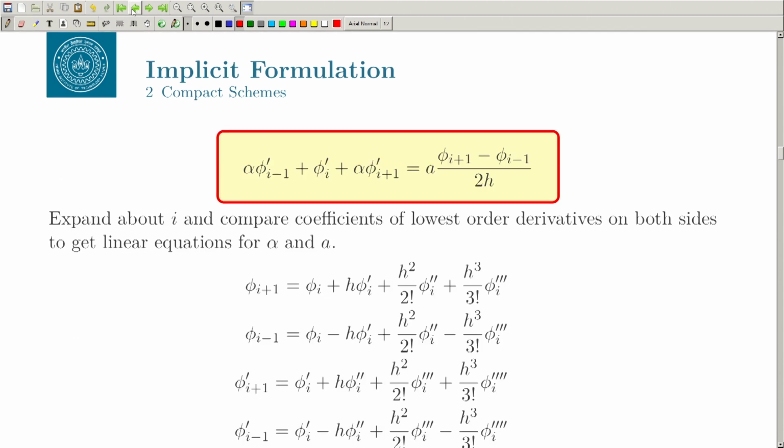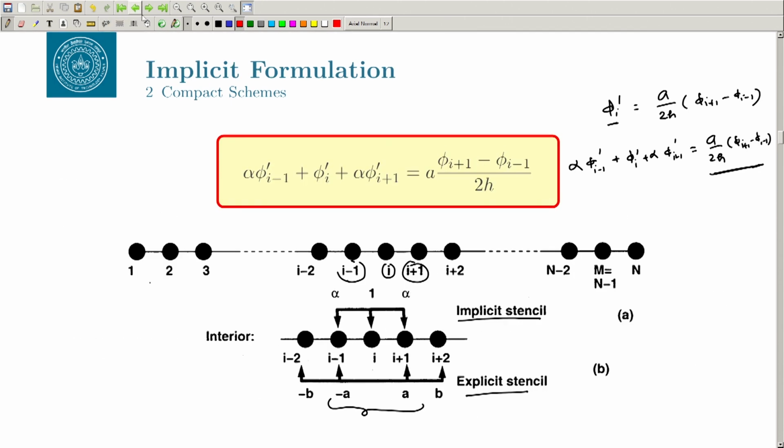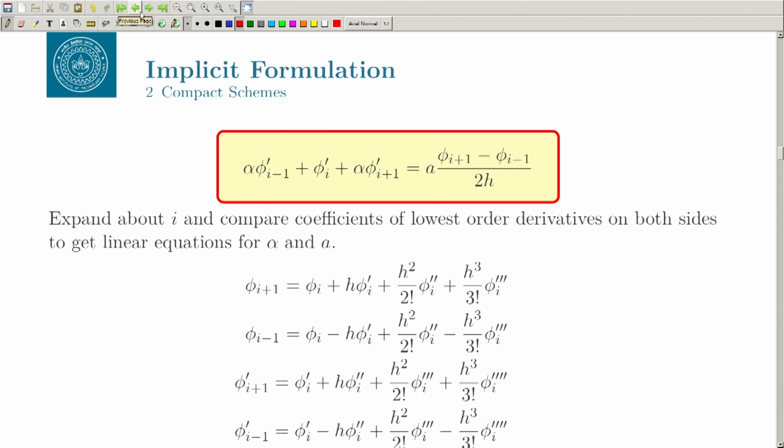Now, let us try to see the parameters, right. So, we have seen the implicit stencil. Now, if we want to calculate the value of alpha and A, then only we can solve the system, these are the unknowns. So, we will use our good old approach, we will basically use the Taylor series. So, we have to do it for phi I plus 1, okay, and phi I minus 1, and apart from that, because we are also considering phi prime I minus 1 and phi prime I plus 1, we need to expand around phi prime I plus 1 and phi prime I minus 1 also, okay.